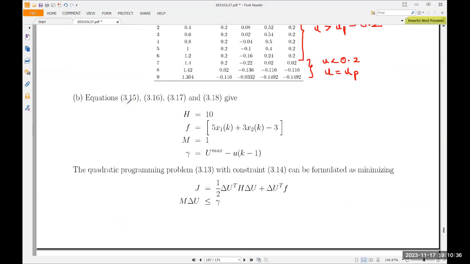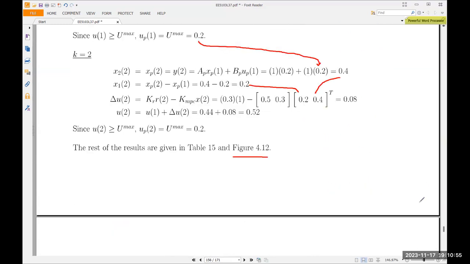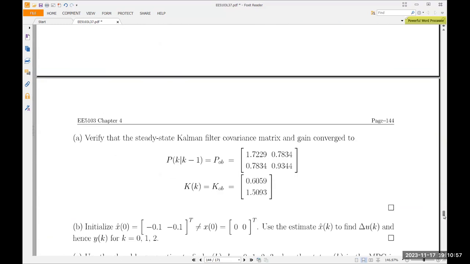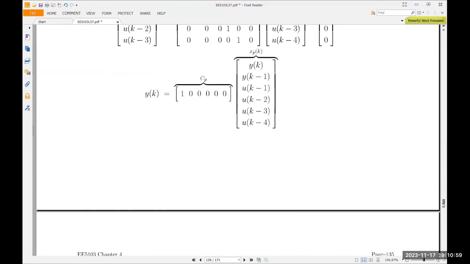So you go back and look at your 15, 16, 17, 18, you will get your H, your F, your M, and your gamma. All right, there's a U max inequality, M and gamma. So you go and look at what is the M and what is the gamma.